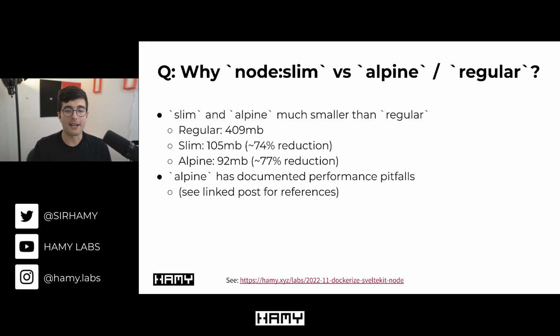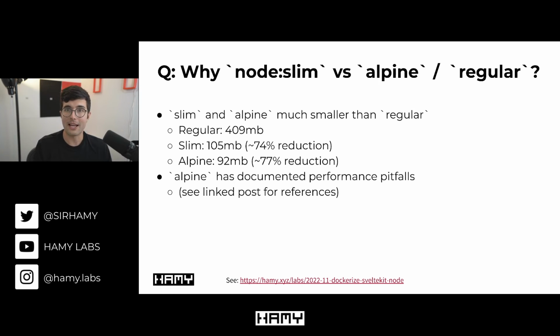But Slim and Alpine is an interesting question because I think Alpine is probably most popular for most of these repositories. But interestingly, Alpine also has the most documented performance pitfalls. And from my research of this, the reason is because they actually make some trade-offs themselves in the libraries that they use at the OS level to try and squeeze out the extra savings on size.